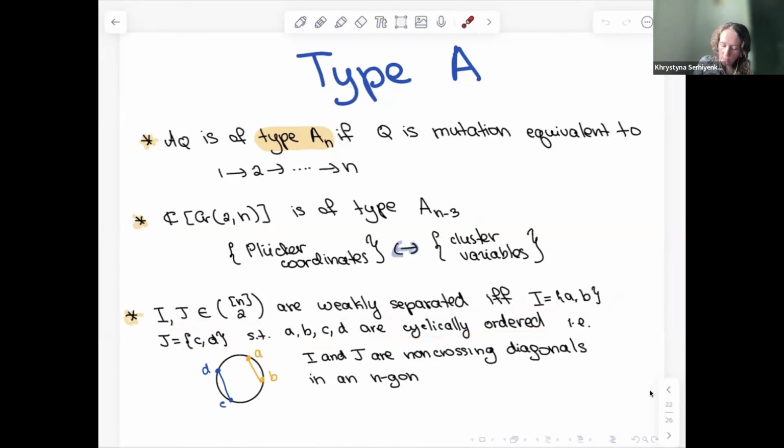So this means I have this is my a, b, this is my c, d, and they don't intersect. So in other words, if I think of this as a polygon, I label the vertices on the boundary of my circle 1 through n, and I think of my sets I and J as diagonals in this polygon, then I and J are weakly separated if and only if they are non-crossing diagonals in an n-gon.